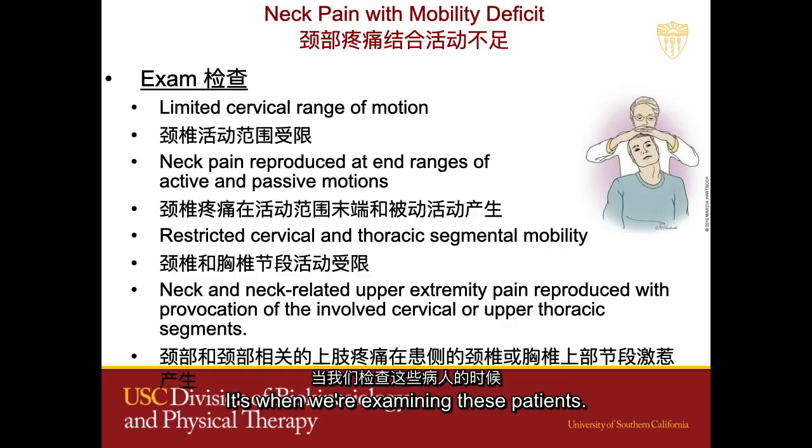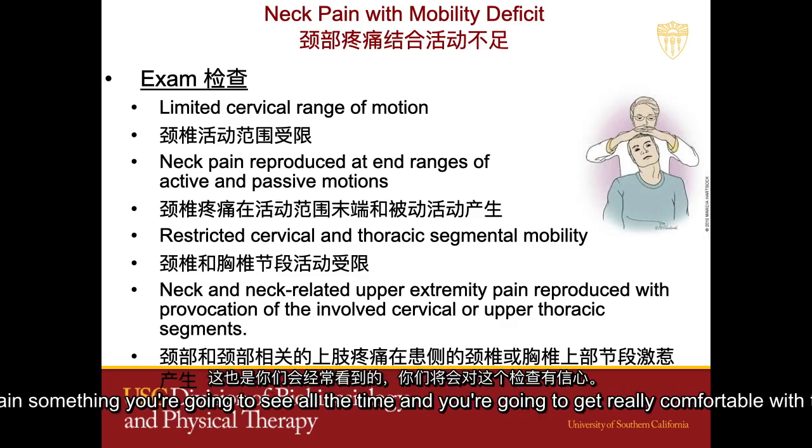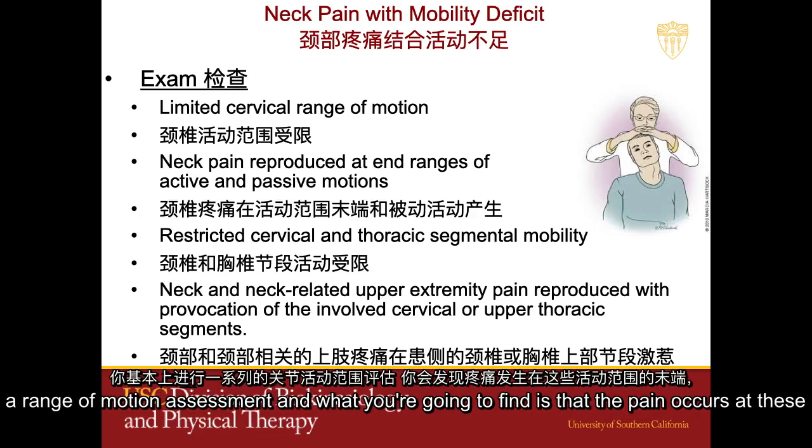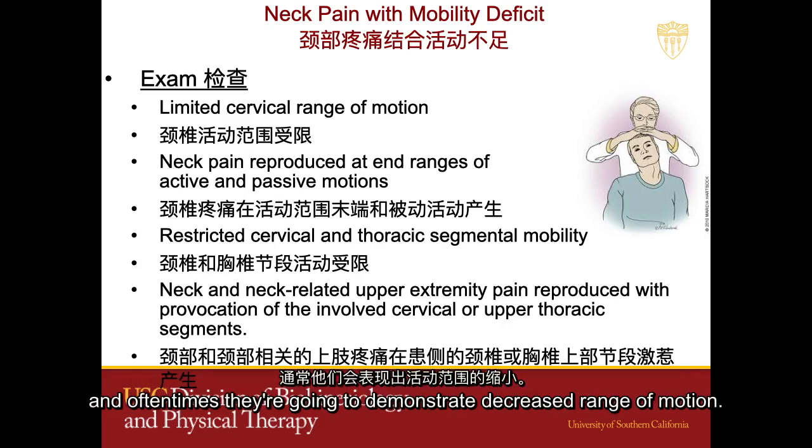So when we're examining these patients, this is, again, something you're going to see all the time, and you're going to get really comfortable with this exam. You're basically just performing range of motion assessment. And what you're going to find is that the pain occurs at these end ranges of range of motion, and oftentimes they're going to demonstrate decreased range of motion.